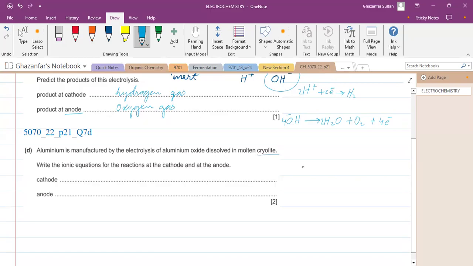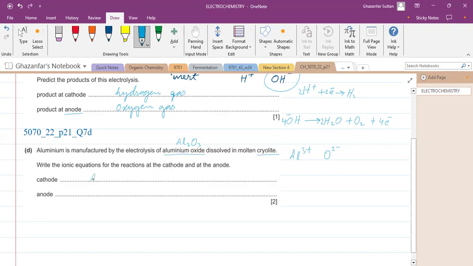And there would be aluminum ions, which are Al3+ because aluminum belongs to group 3, and oxide ions, which are O2-. The formula of aluminum oxide is Al2O3. So write down the ionic equation for the reaction at cathode and at anode.